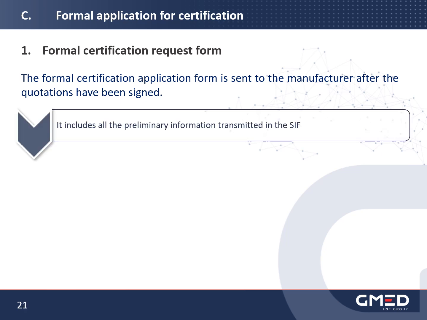This form includes all the information previously submitted by the manufacturer in his SIF and analysed by GMED as part of the pre-application phase. The content of the formal certification application form is adapted and specifically created regarding the manufacturer's formal certification application project defined in his SIF and analysed by GMED.